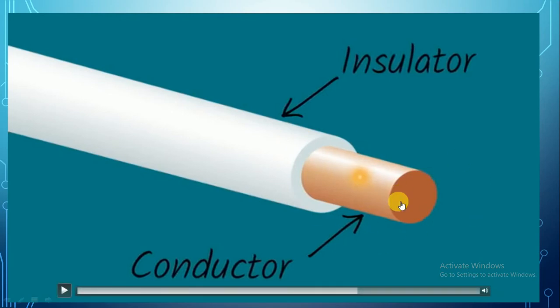Okay, so if we look at the wire, maybe your laptop wire, your TV wire, inside this wire you're going to find copper. This copper is a metal and it's a conductor. It lets the electric charge move through it easily. But here it's an insulator, the cover made of plastic, and plastic is an insulator. That's why when we touch the plastic cover, nothing happens. But if we touch this copper part, we may die.